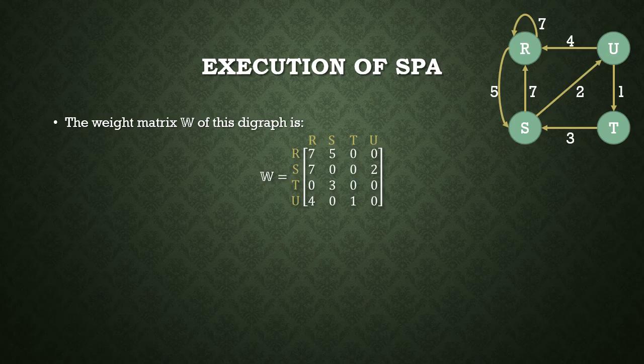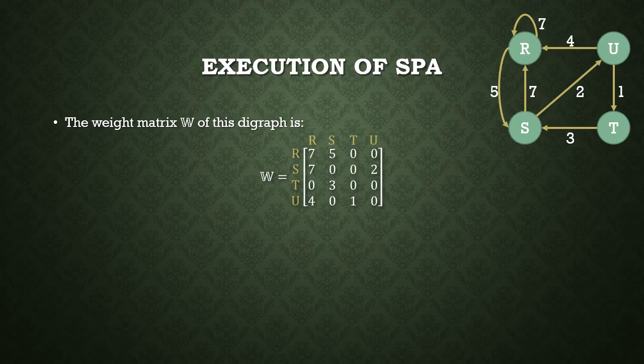There is an edge from S to U of weight 2, but no edge from S to S and no edge from S to T. There is an edge from T to S of weight 3, no edge from T to R, no edge from T to T, no edge from T to U.